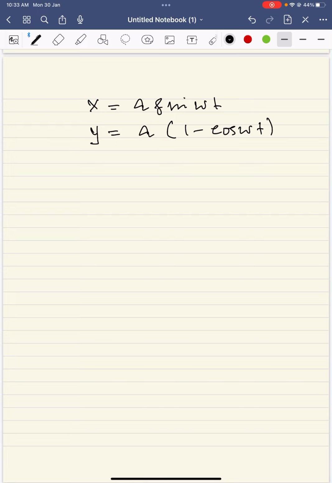When position is a function of time, and acceleration and velocity are also functions of time, we can't use kinematic equations where acceleration is constant. We have to use the formula for distance, that is distance equal to the integration of v dt. This is the general formula we need to use when velocity and acceleration are not constant in time.